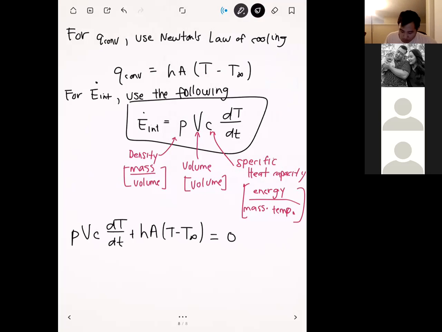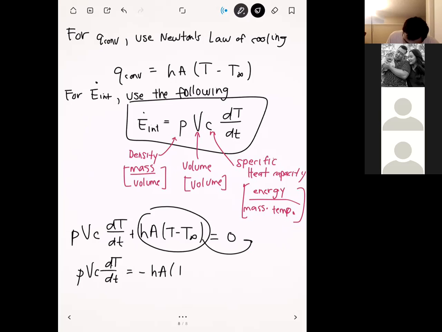Okay, and so let's go ahead and move this hA (T minus T infinity) over to the other side. So we have rho V C dT/dt is equal to minus hA (T minus T infinity). Here, let's make a substitution.